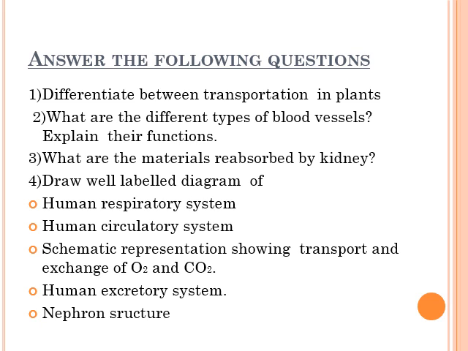Now the second question says, what are the different types of blood vessels? Explain their functions. There are three kinds of blood vessels, as we have already seen: arteries, veins, as well as capillaries. Arteries always carry oxygenated blood from the heart to various organs of the body. Veins carry deoxygenated blood from various organs to the heart.